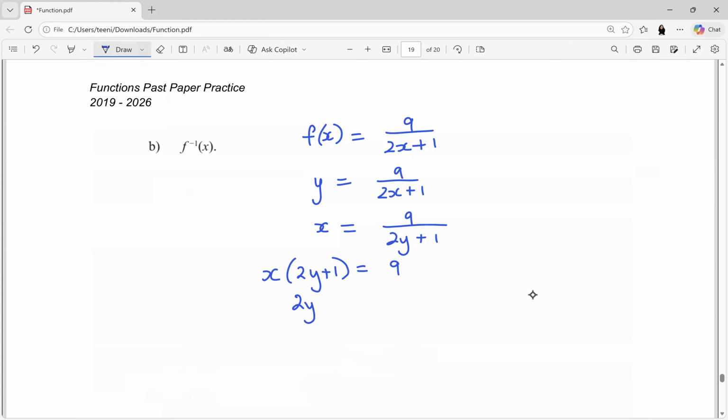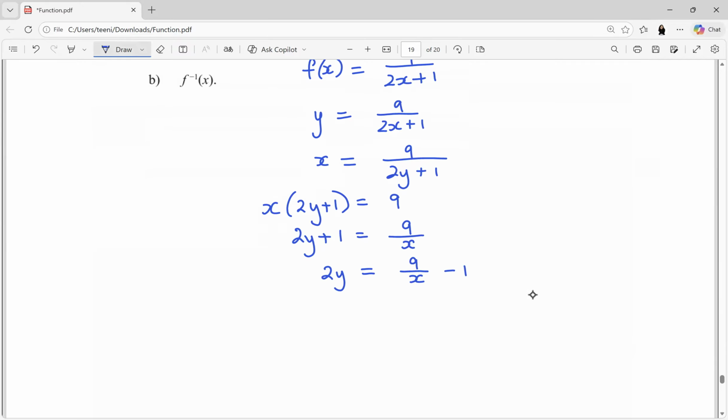So then 2y plus 1 is equal to 9 over x, and then 2y is equal to 9 over x minus 1. So then y is equal to 9 over x minus 1, all divided by 2.